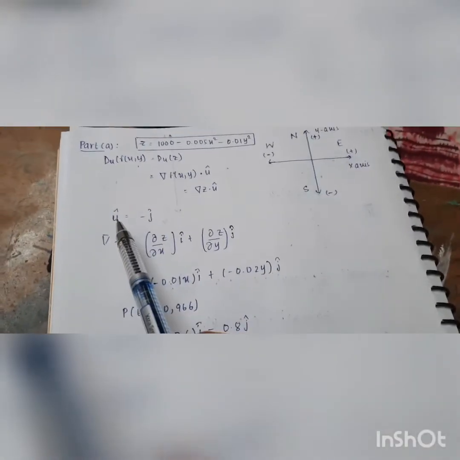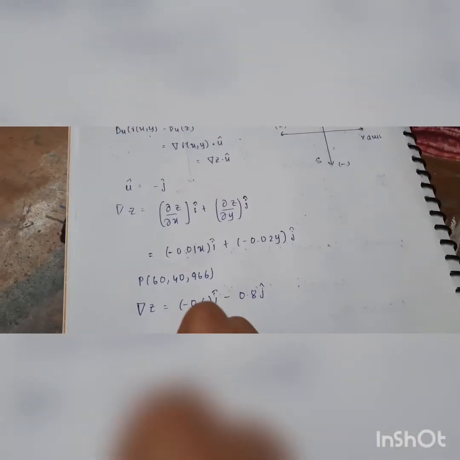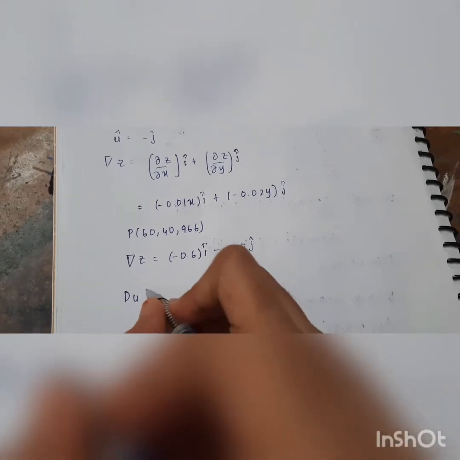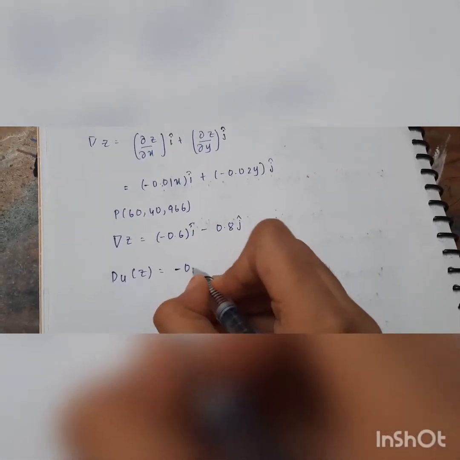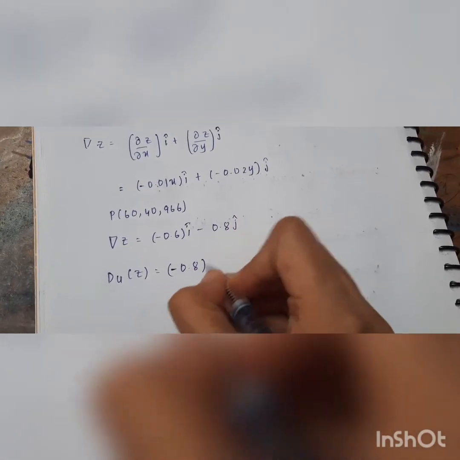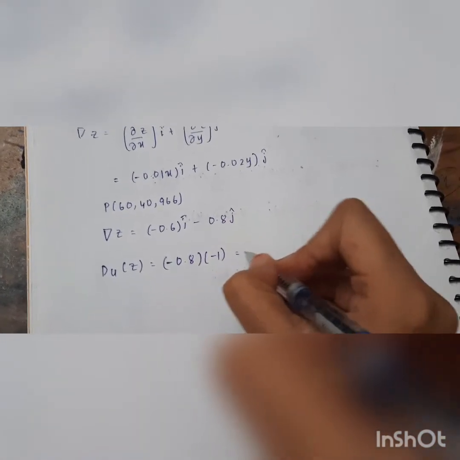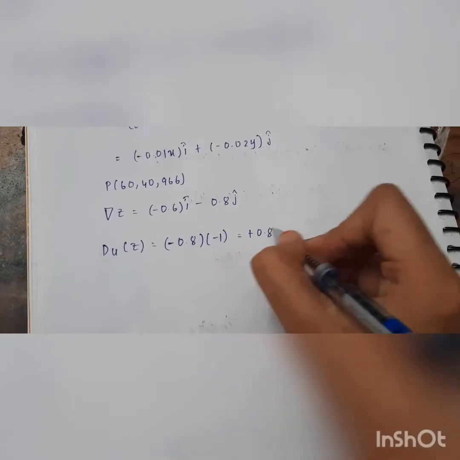As we got the gradient of the function and also the unit vector, now the directional derivative of that function would be minus 0.8 into minus 1, that is plus 0.8.